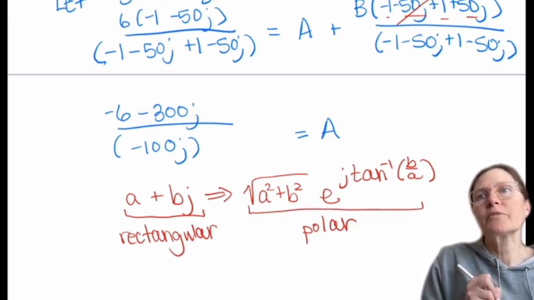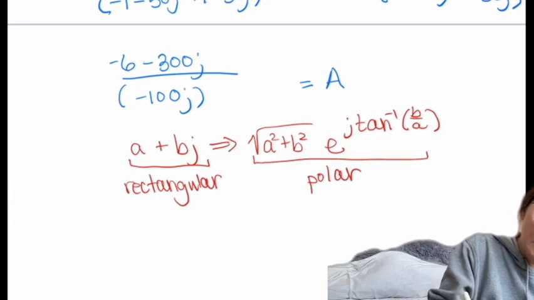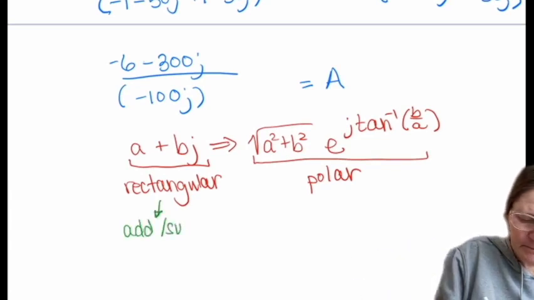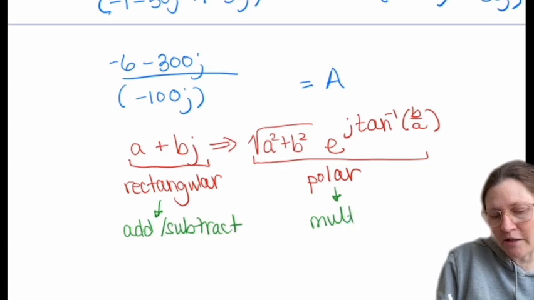So rectangular form you're going to use for add and subtract, and the polar form you want to use for multiply and divide.